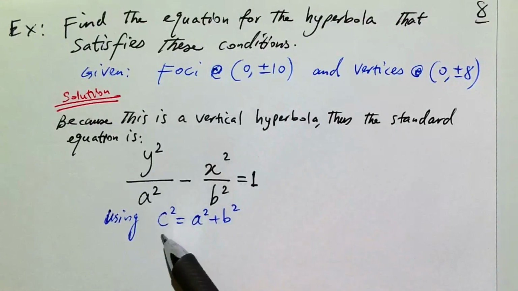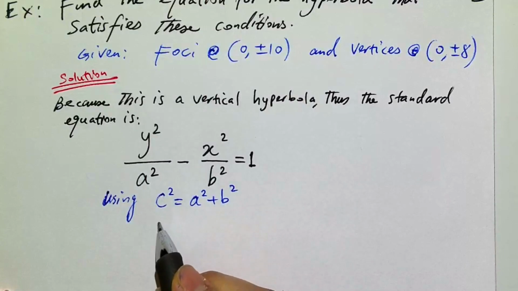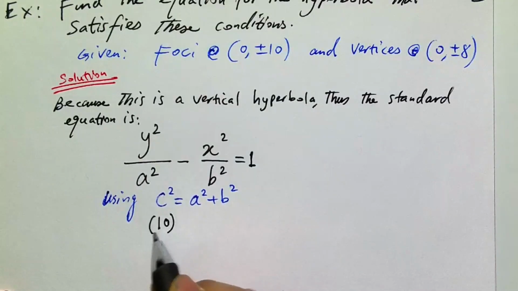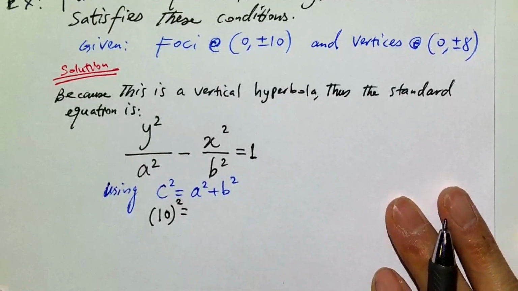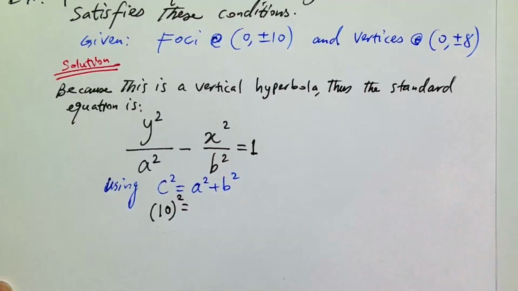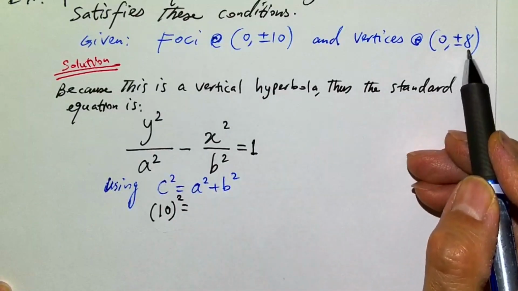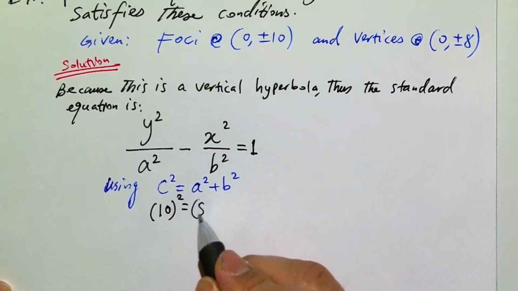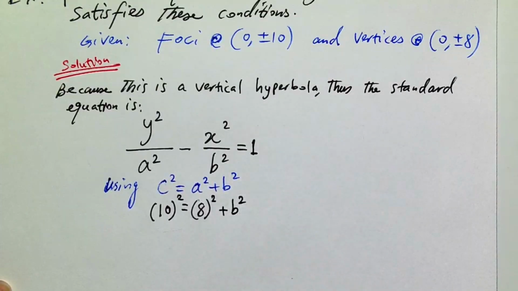So c squared would be 10 squared. 10 squared equals a squared. a is equal to 8, so 8 squared plus, of course, b squared.